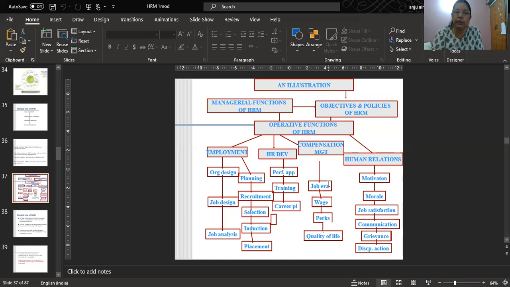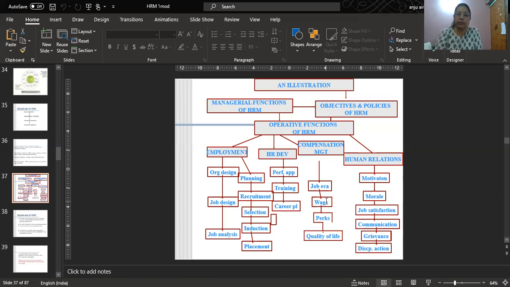Compensation management is where they evaluate each job's worth, how much each job is worth. Depending on that, they will decide the wages and salaries of employees, and what perks they should get. Perks are the additional benefits like lunch allowance, transport allowance, mobile allowance, company owned flat, company owned furniture, company car with a driver.